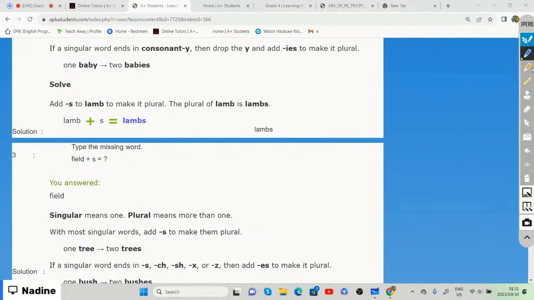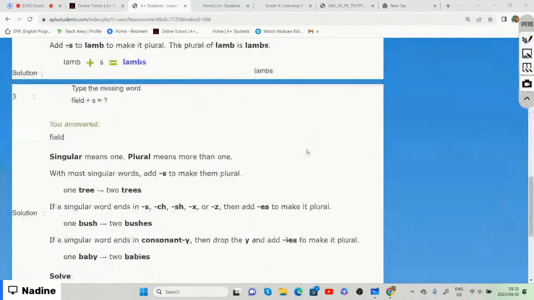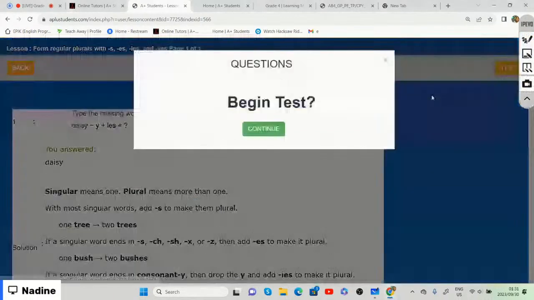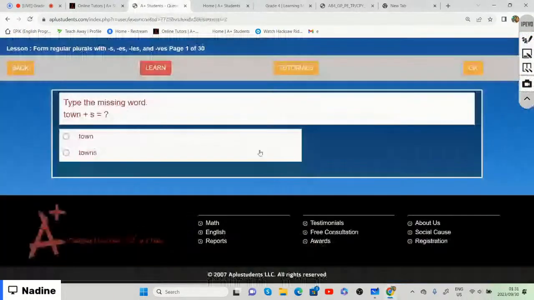All right. So now we're going on to our test. We are going to type the missing word by adding those two words, which is the word town plus s. Town plus s, is it just town or is it towns?